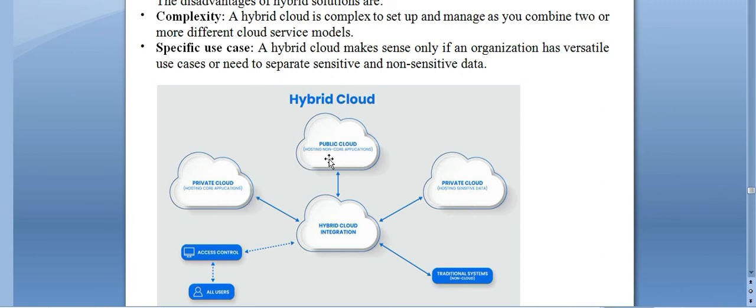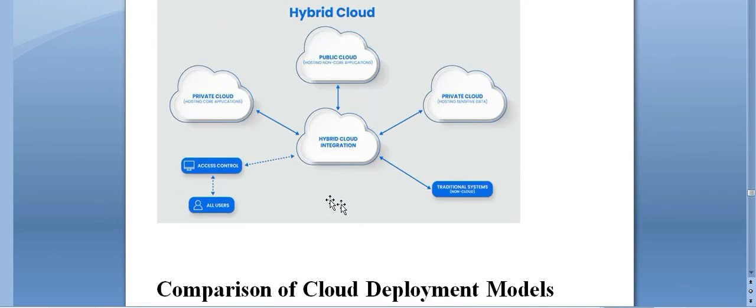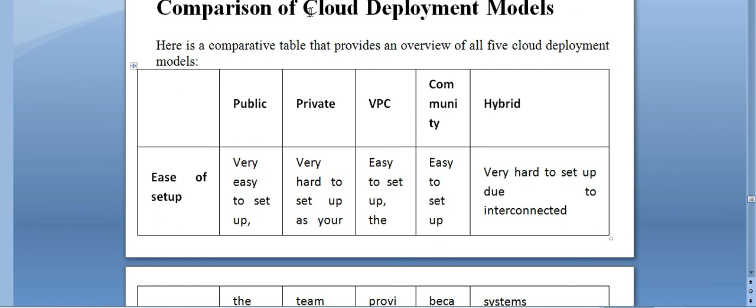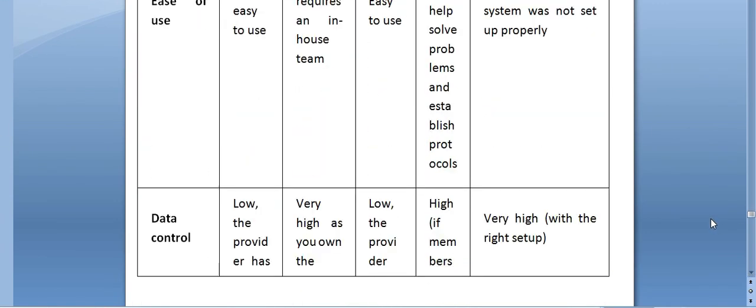Here you can see the private cloud hosting sensitive data also, and the public cloud hosting the non-core applications. Here, access control mechanisms: if it's public, then all users can access it. Traditional system, that is the non-cloud, is there. So this is the comparison of the cloud deployment models that you can see. I will share it with you.